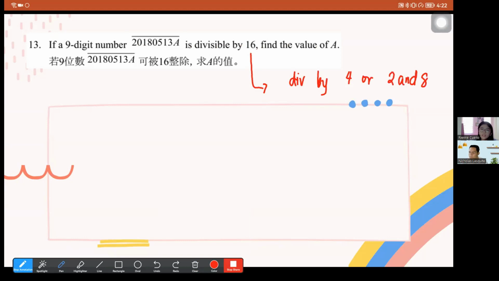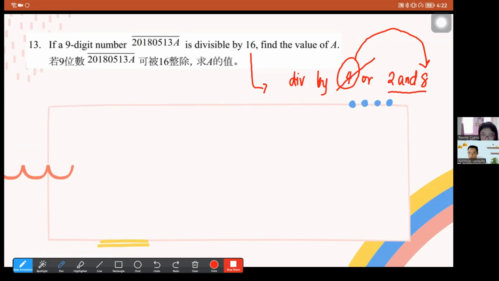If it's just divisible by 4, then you are not always sure if it's divisible by 16 because it does not encompass the divisibility rule of 8, right? So rather, we use the divisibility rule of 2 and 8.